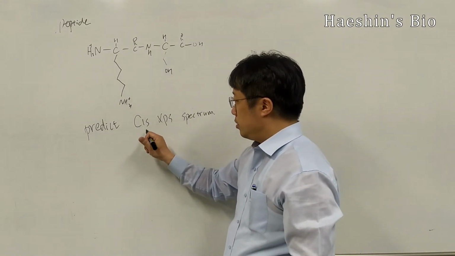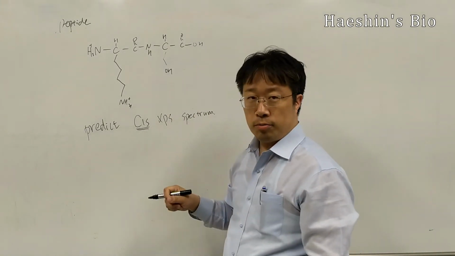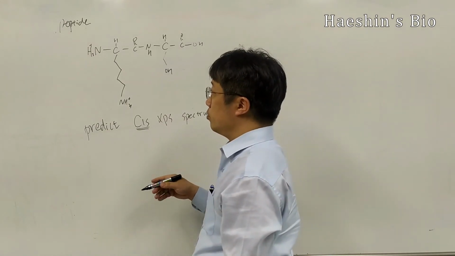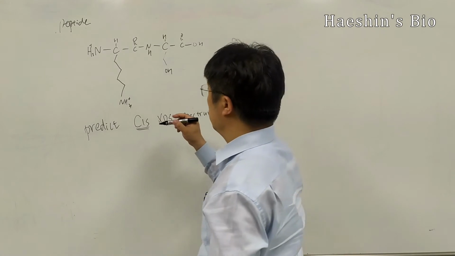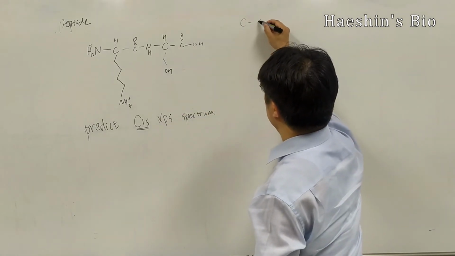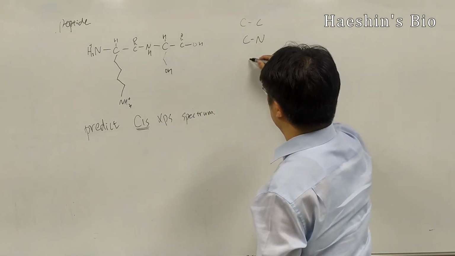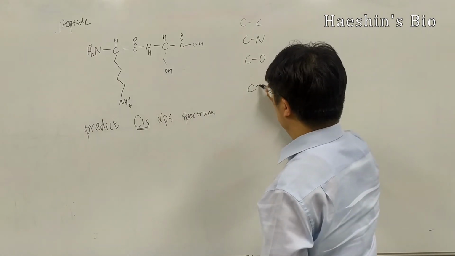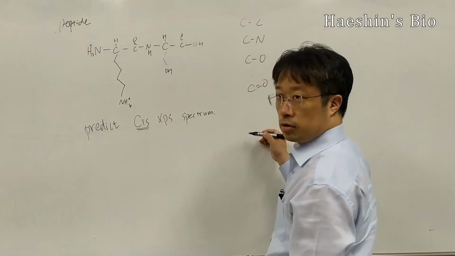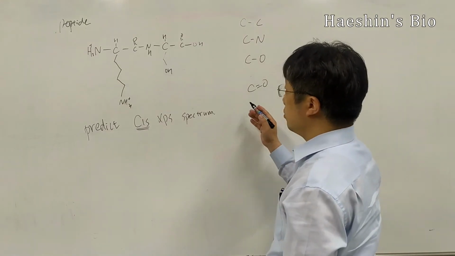So we focus on just the carbon. We need to know what type of carbon we have. Maybe CC, CN, CO, and CO double bond, something like this.